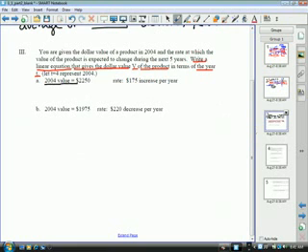All right, so right here, it says the 2004 value is 2250. Okay. So does everybody understand that that's one of your points? What does that rate represent?